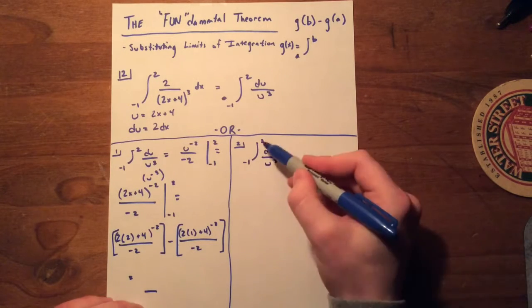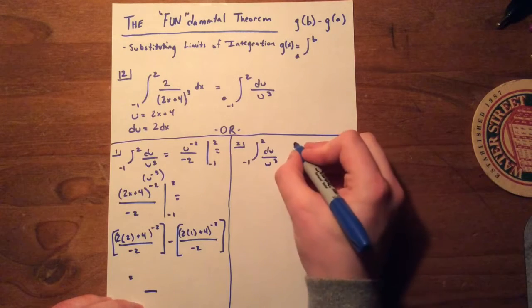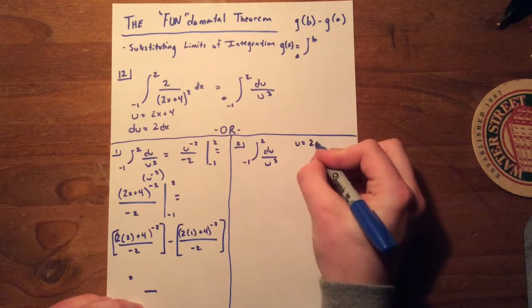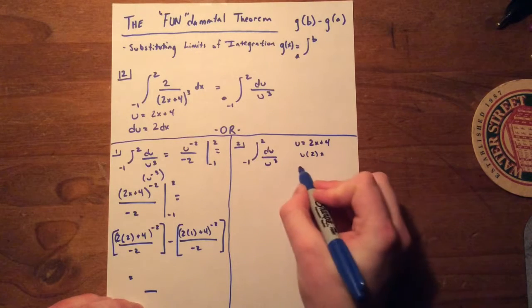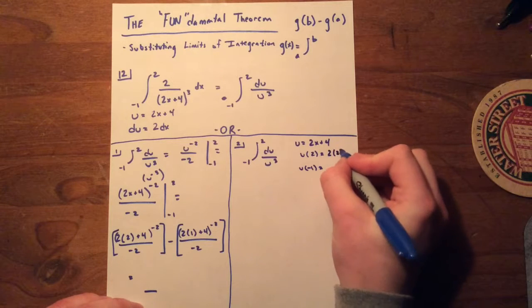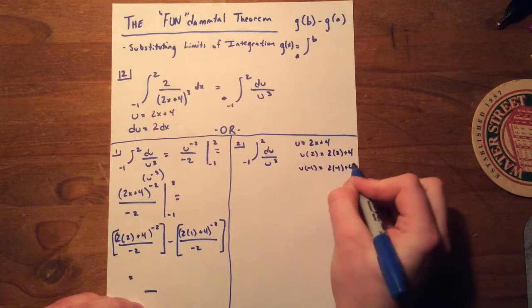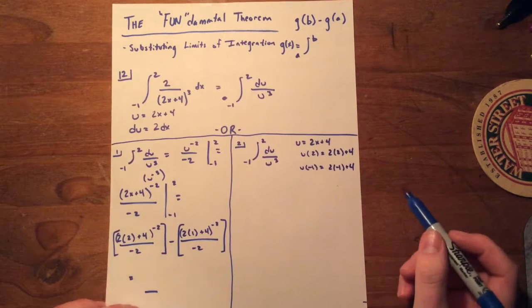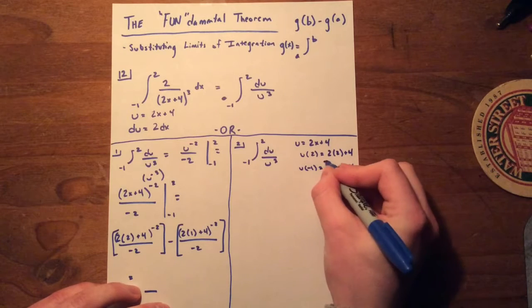What we can actually do is take both of these limits of integration and plug them into what u actually is. So just so we can remember, we're basically finding what these numbers are. So this one and this one, my new limits of integration are going to be, well, this one's going to get me 2, and this one's going to give me 8.